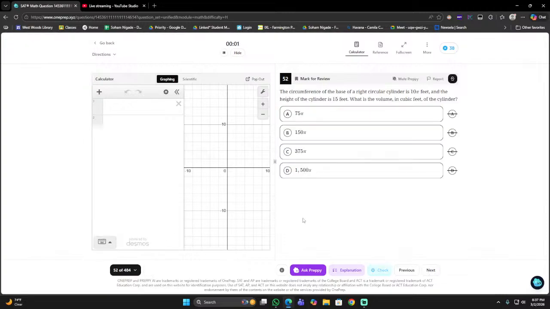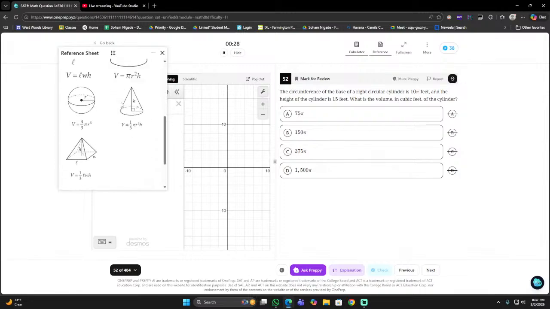Anyways, next question. Circumference is given as 2 pi r, I'm pretty sure. Circumference equals 2 pi r equals 10 pi. Take out the pi's. The 2 of the radius, the diameter is 10. Radius equals 5.